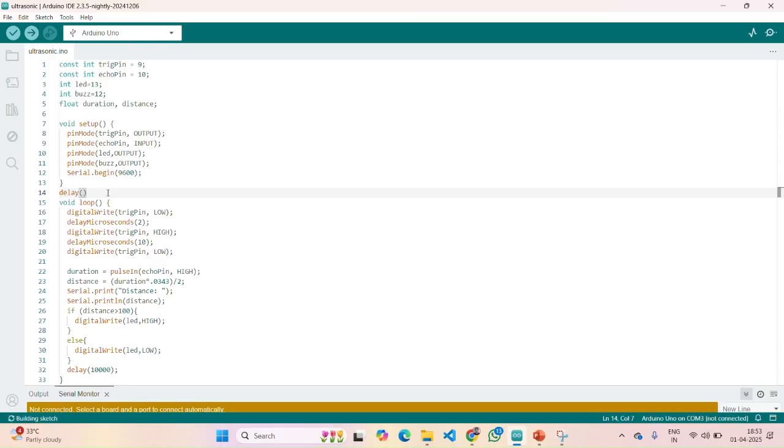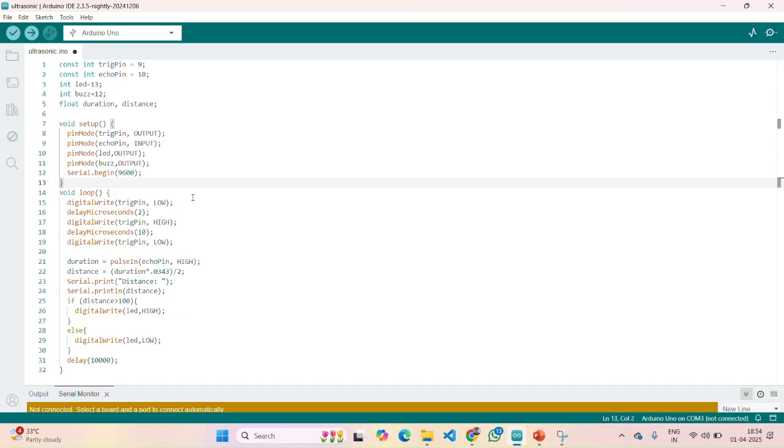In the delay function, any value you give inside it is considered as milliseconds. Milliseconds is 10 to the power of minus 3. But here we are going to use microseconds. Micro is 10 to the power of minus 6. This is the difference. And here you can see delayMicroseconds.